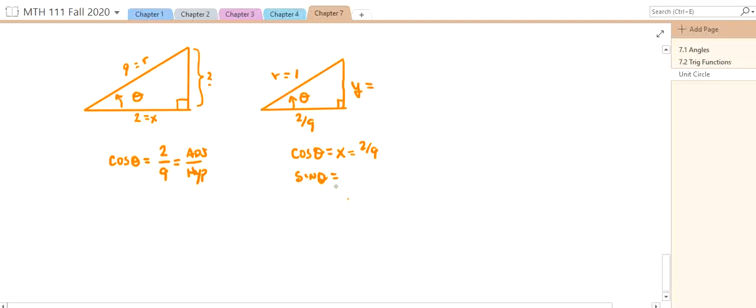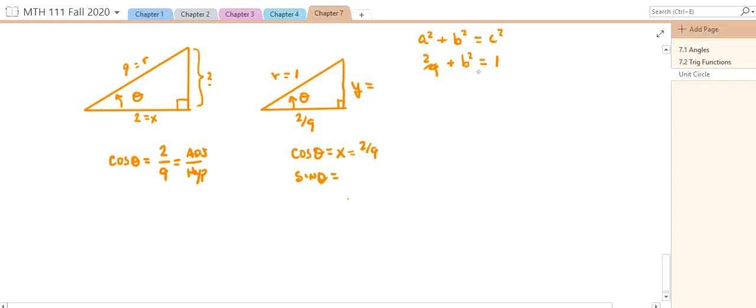So now, how do I figure out what this is? Well, recall the Pythagorean theorem that said, essentially, a squared plus b squared, the two shorter sides, a squared plus b squared equals c squared. So in this case, c squared is 1, a squared is 2/9, and b squared we don't know.